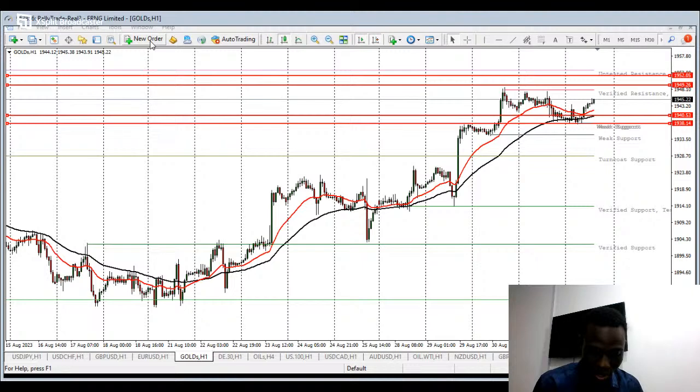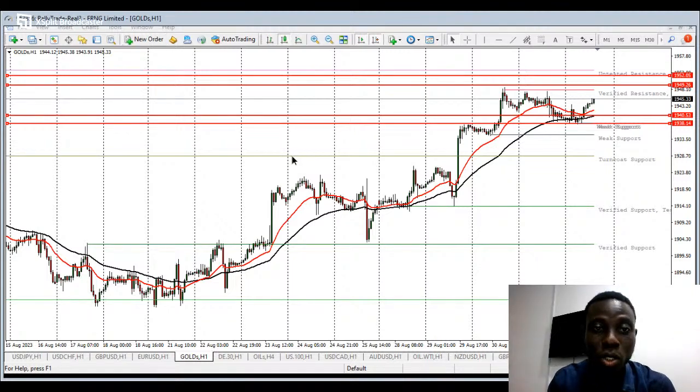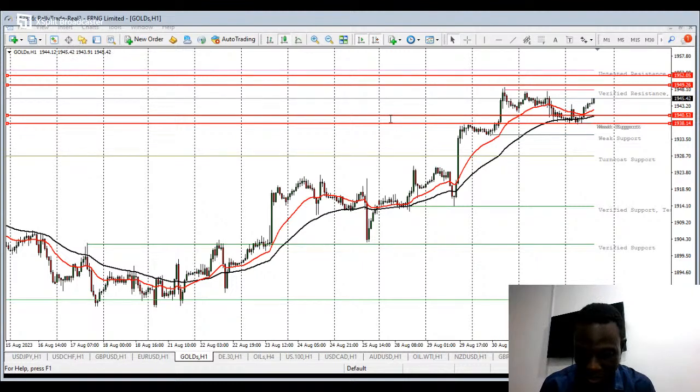Gold, entry price for the buy stop is 1949.26. That's my entry price for gold, and my take profit is at 1952.05.